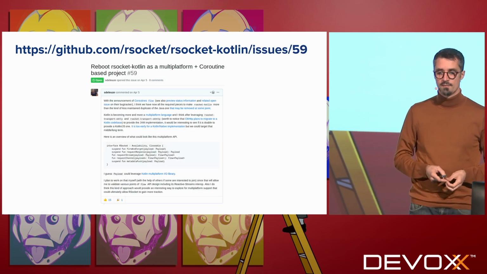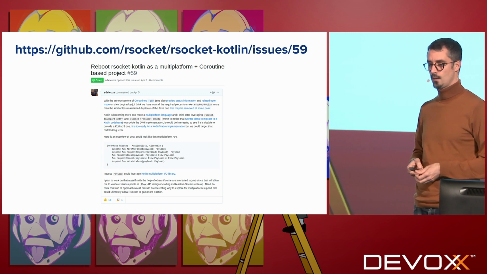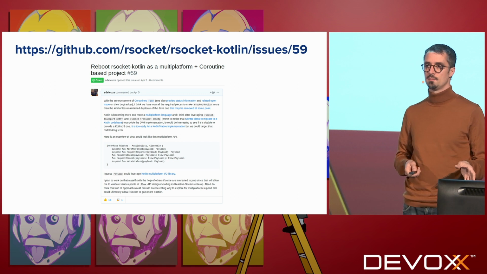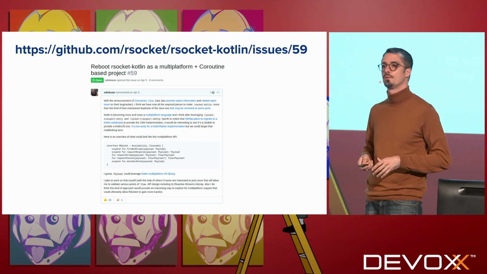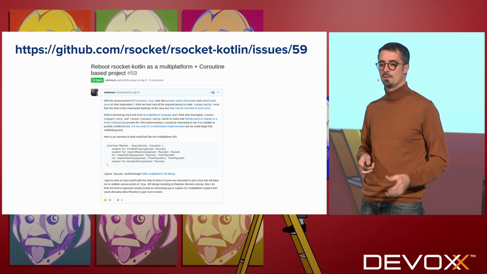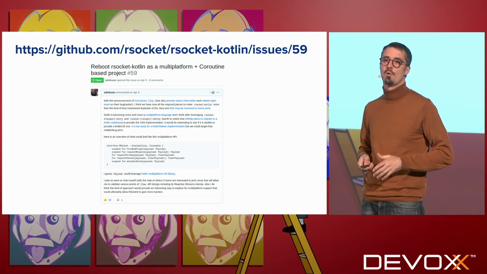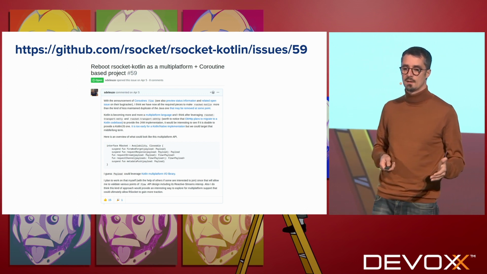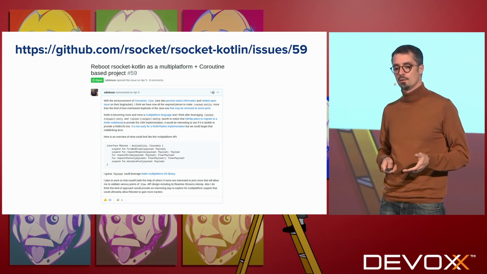And I have created this silly issue. So there is a RSocket Kotlin project, because until recently it was difficult to use Java 8 based code on Android. Nowadays it's more and more easy. So I think the RSocket Java client could be used directly on Android.